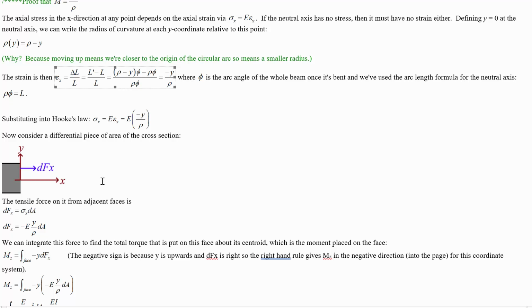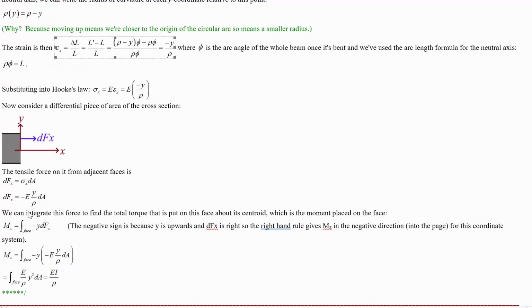Next, since we know what that stress is, we can figure out what the total force is on a little segment of it from adjacent faces. So if we have a stress on it of sigma, then there's a little bit of a force at this point compared to the neutral axis. We've said y equals 0 is where the neutral axis is in this coordinate system.